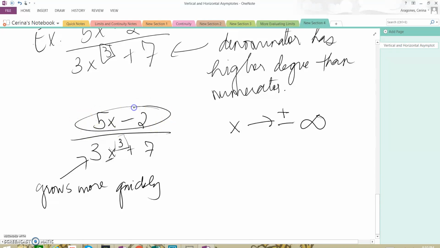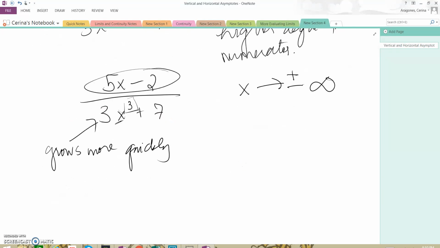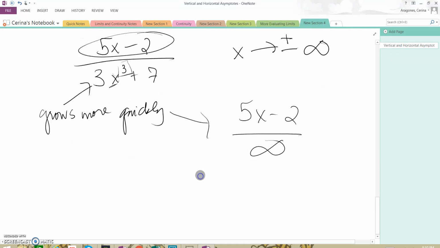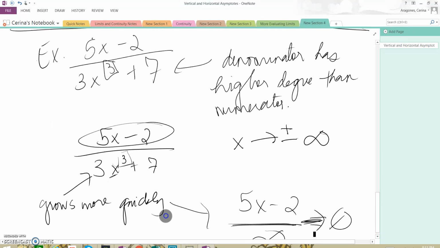Whereas this is linear up here, so it doesn't grow as quickly. So since our denominator grows more quickly, it approaches infinity more quickly. Anytime you are dividing by infinity, you approach 0.